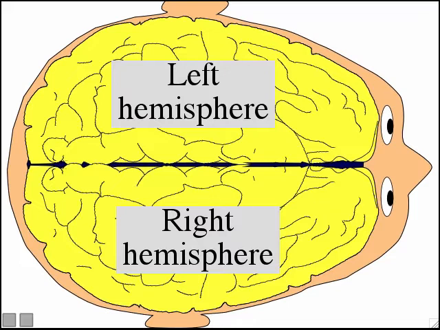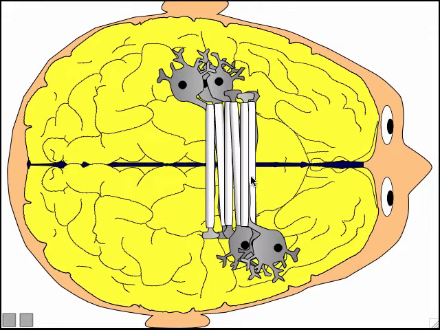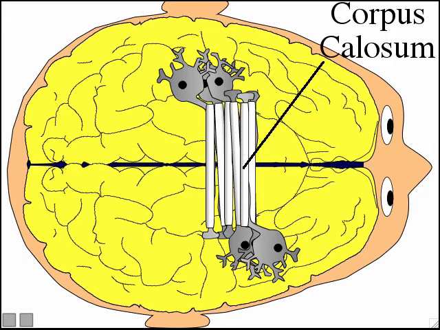Okay, now for the cerebrum to function properly, the two halves must be able to communicate with each other. And so there's a large tract. Remember, a tract means a group of axons in the central nervous system. There's a large tract that allows for communication between the two cerebral hemispheres, and this is called the corpus callosum.